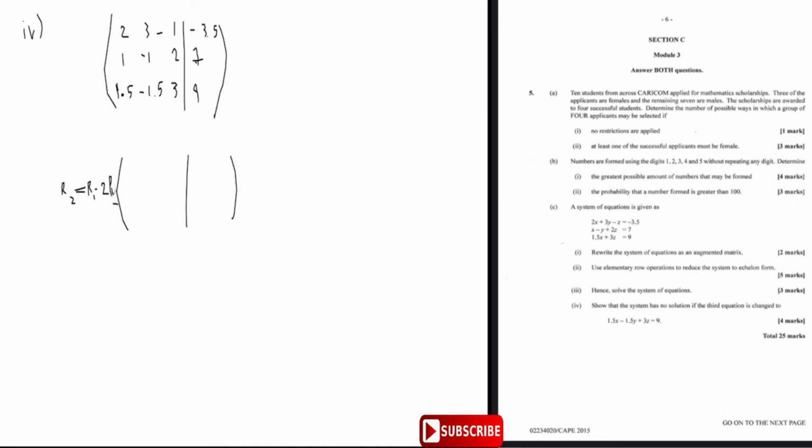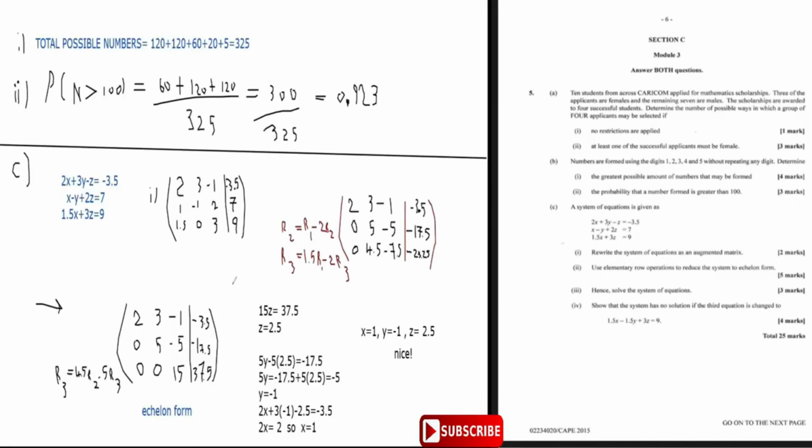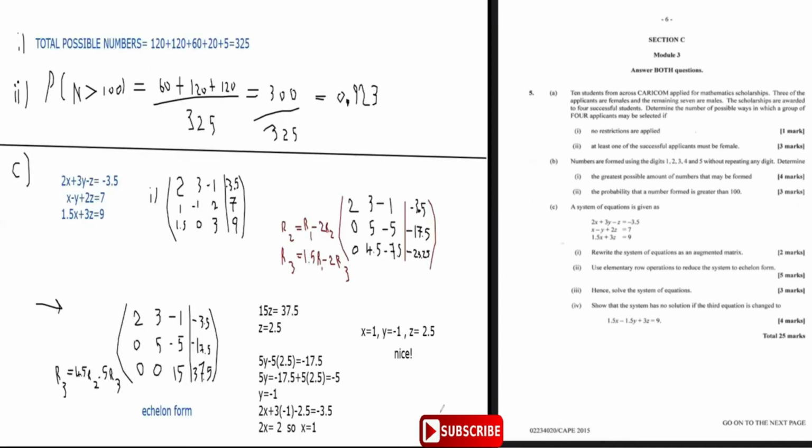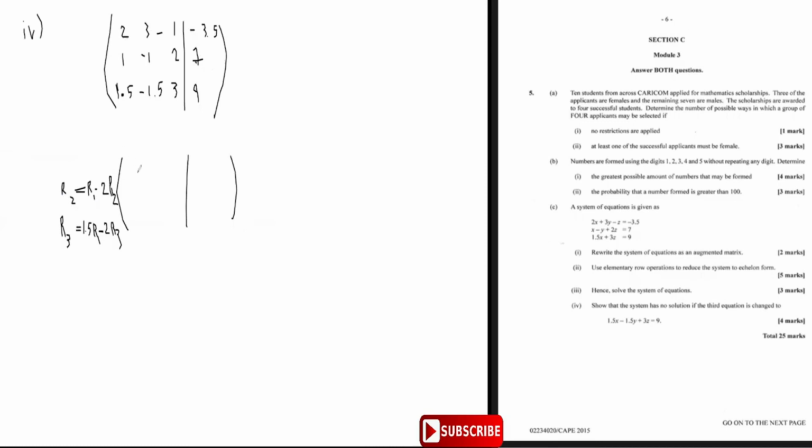We can use the same again for row 3: row 3 was 1.5 row 1 minus 2 row 3. Let me write back what we got. Row 1 again, which we know was 2, 3, minus 1, minus 3.5.